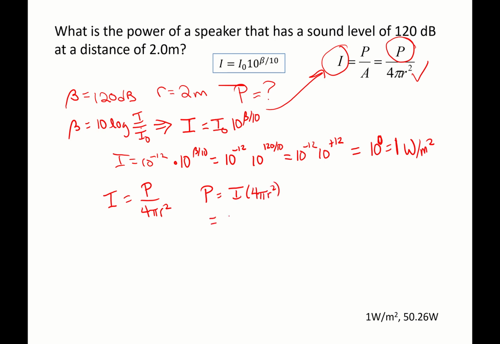And I've just found I is 1 times 4 pi, and r is 2 meters squared. So I get 50.26. And that needs to go to two significant figures. So 50, and what's power? Power is watts, energy per time. So the power is 50 watts.